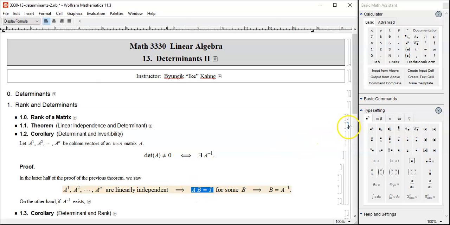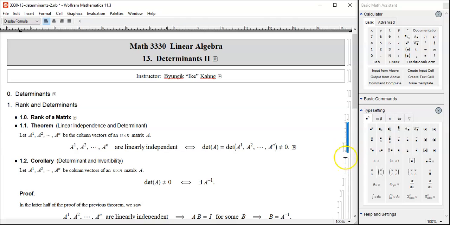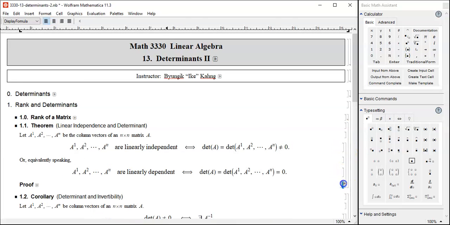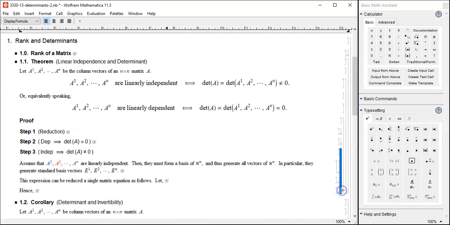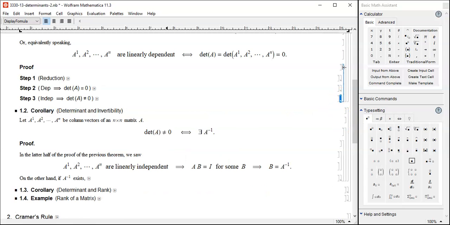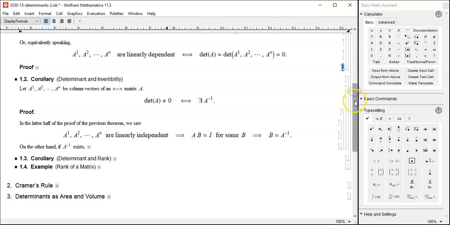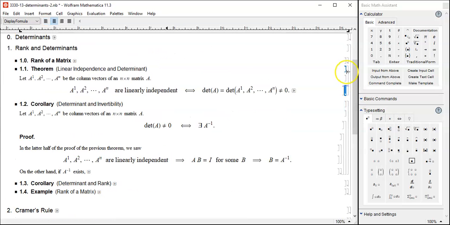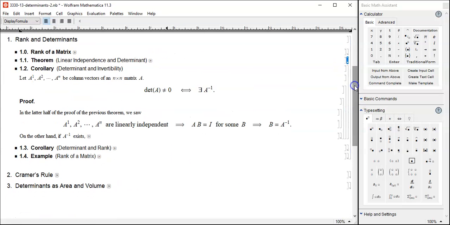Do you remember? The difficult part. You see, this part. In the end, we got A times B is equal to I, and that B is the inverse matrix. And remember, it was quite tricky to define B's and get a B. That was because it was inverse matrix, and inverse matrices are always difficult to find out.